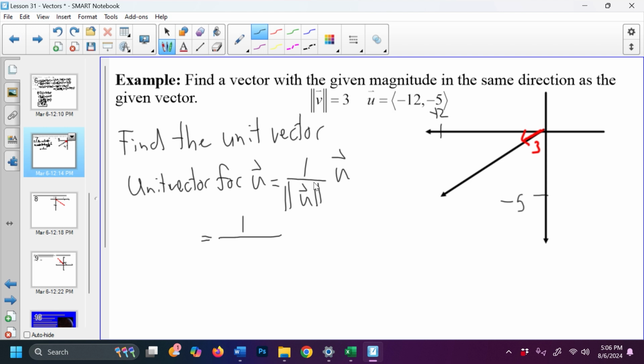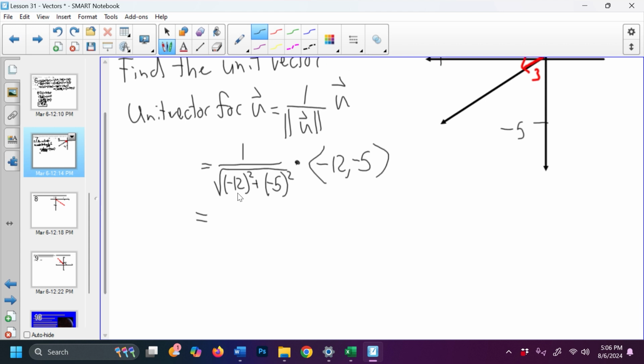So that will be equal to 1 over. Now the magnitude of that is just the square root of negative 12 squared plus negative 5 squared. And then we multiply that by this negative 12, negative 5. And so if I do that calculation, 12 squared is 144 and 5 squared is 25.